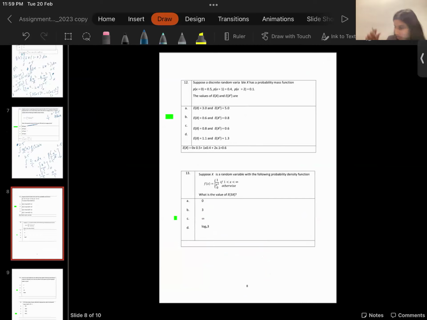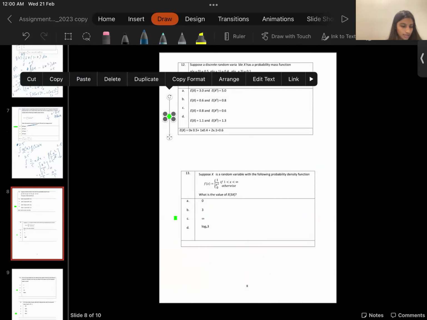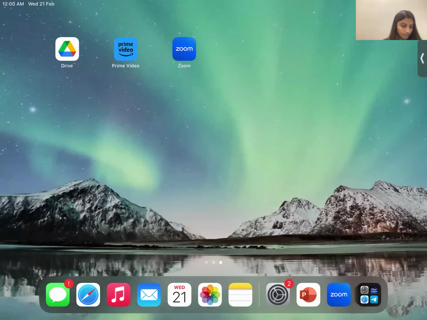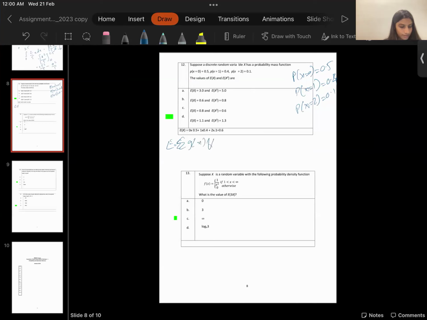So now next question is, let's suppose a discrete random variable x has a probability mass function: P of x equal to 0 is 0.5, P of x equal to 1 is 0.4, P of x equal to 2 is 0.1. So you want to calculate the expectation of x. So what you do here? We saw that expectation is equal to summation of g of x into f of x.